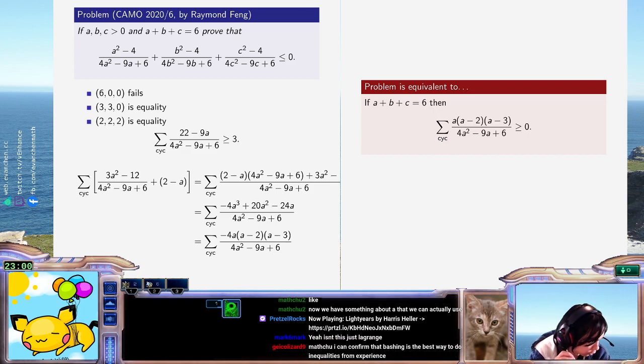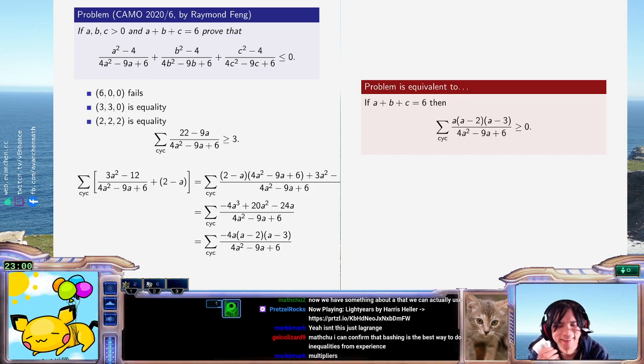Isn't this just Lagrange? What's Lagrange? Oh no, you want to use Lagrange multipliers? Oh, Jesus Christ. I guess we maybe could have done that from the start, actually.